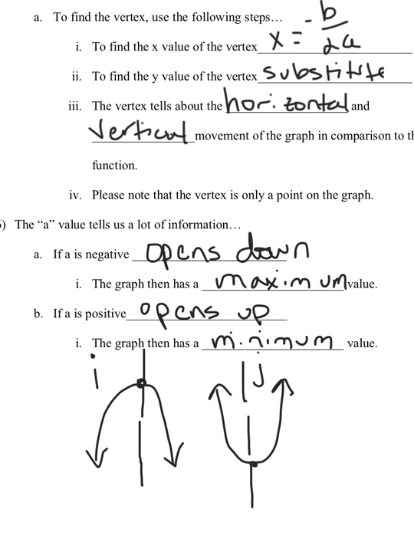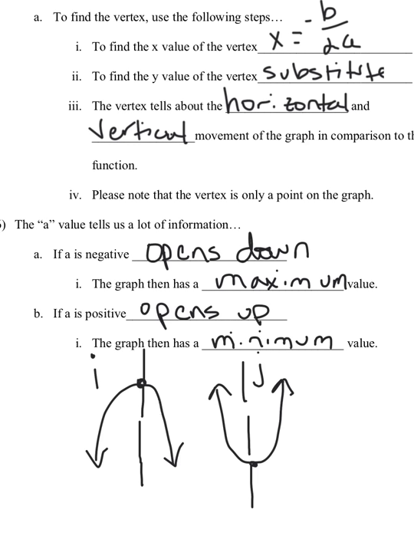All right, so please note that the vertex is only a point on the graph. The value of a tells us a lot of information. If it is negative, the graph opens down and the graph has a maximum point. So see how the graph is opening down. It's going to have a maximum value for y.